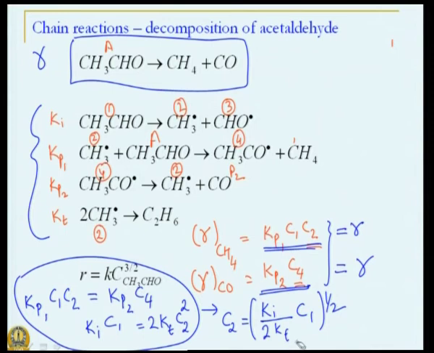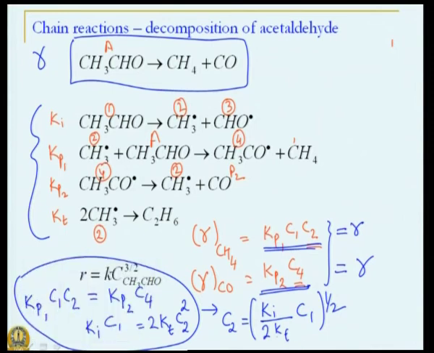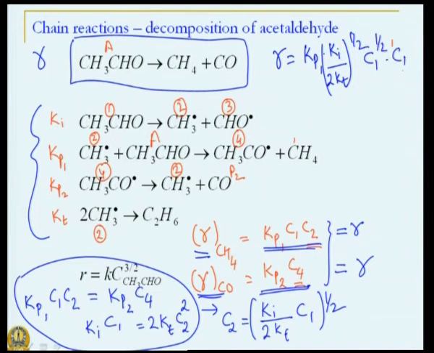And take it from the last point, and therefore say that my rate of this reaction, which is RCH4, RCO over here, is Kp1 C1 C2. So, that is Kp1 into Ki by 2 kT raised to half, C1 raised to half into C1.